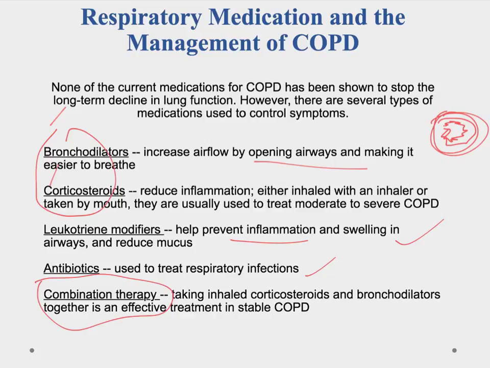They're putting steroids into their oral cavity, which decreases inflammation and the immune response. This can put them at risk for getting thrush, which is a fungal infection in their mouth. So it's important that you educate a patient to rinse their mouth out after they use a steroid inhaler, and that should prevent this from occurring.